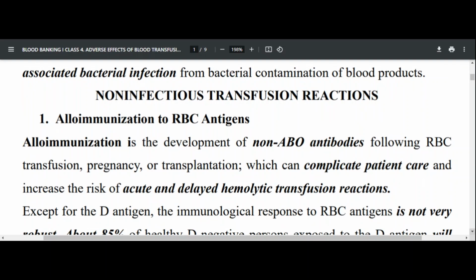But immunization and development of antibodies against other RBC antigens, including Rhesus, Duffy, Kidd and Kell, are significant. They are formed normally after transfusion, which can complicate patient care as well as the risk of delayed and acute hemolytic transfusion reaction, depending on the antibody developed. Except for D antigen, the immunological response to RBC antigen is very robust.